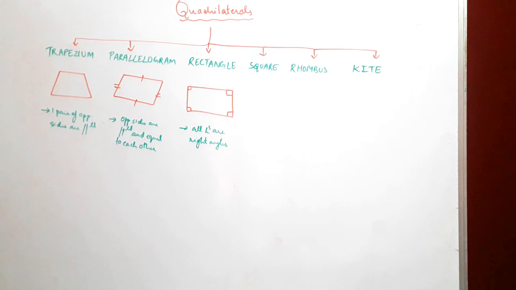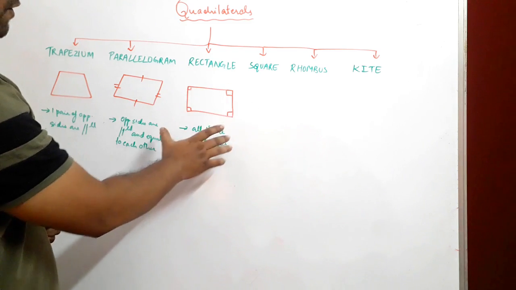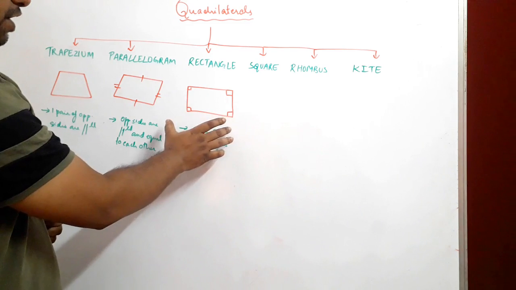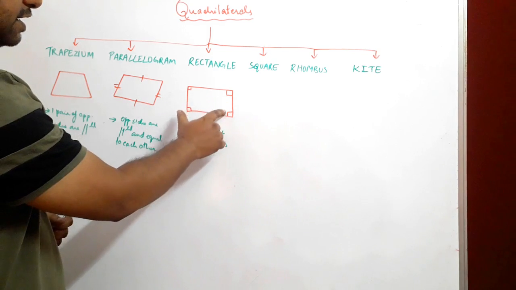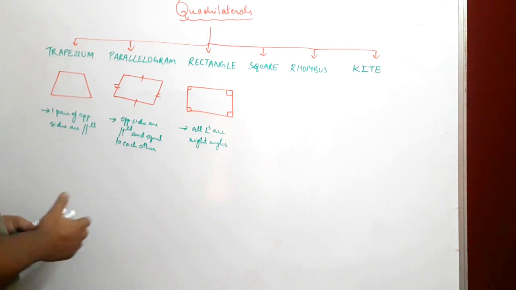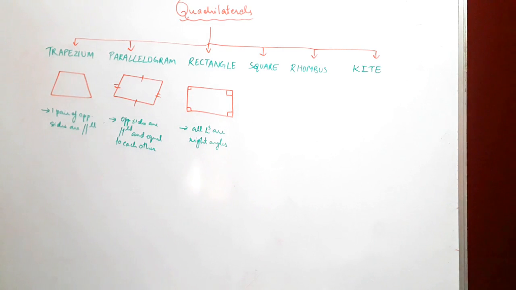Next is a rectangle. The word rectangle suggests that all the angles of this type of quadrilateral are right angles. So this is 90 degrees, 90 degrees, 90 degrees, 90 degrees. And if you add them all together, then you will get 360 degrees, as we had just learned.